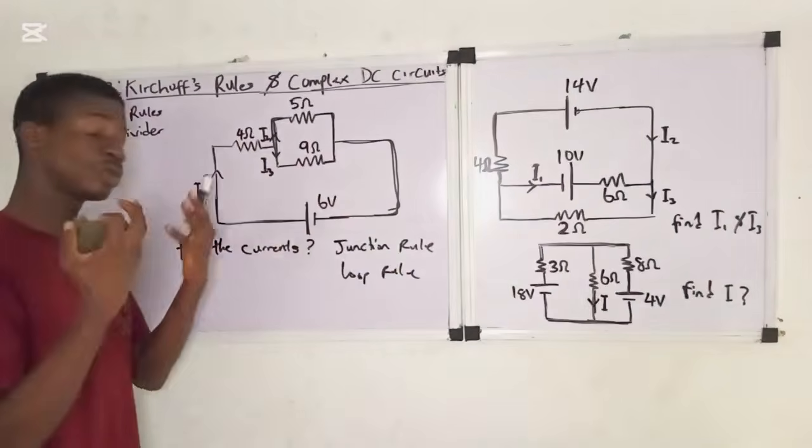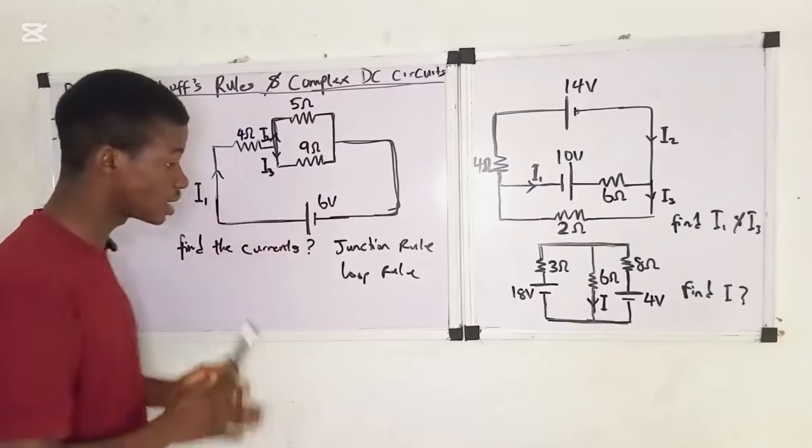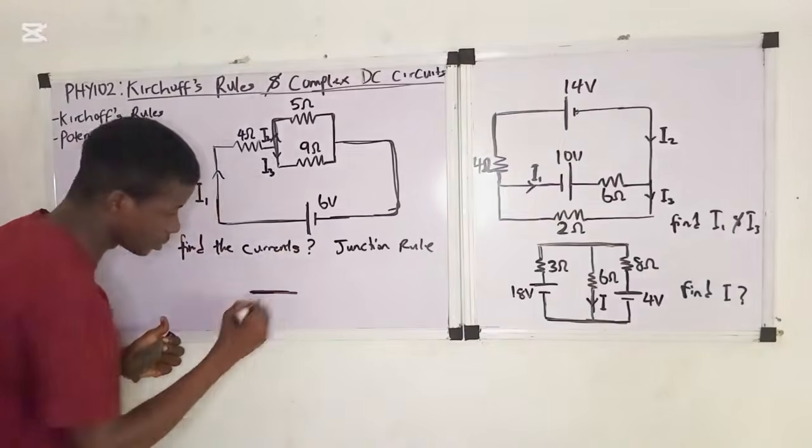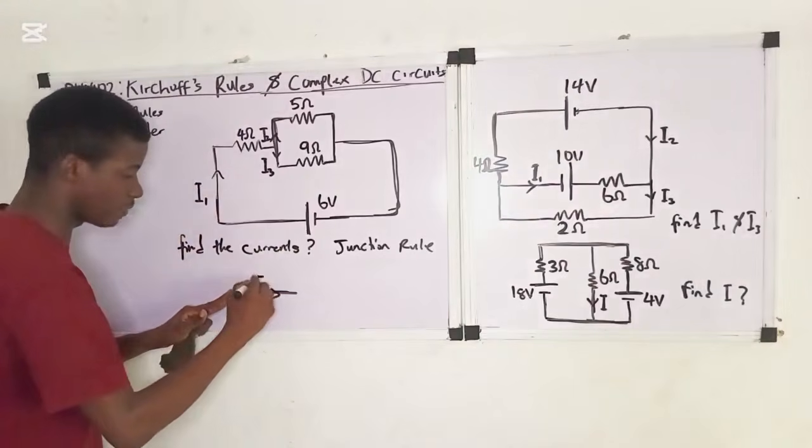Now, what does the junction rule state? The junction rule states that the current entering a junction equals the current leaving the junction. Let's say the current here is 5 ampere.